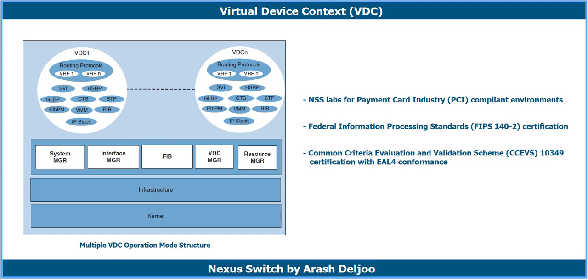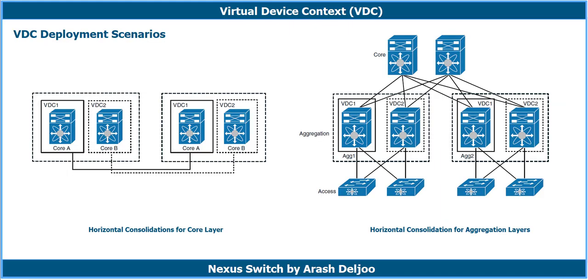It has NSS Labs for payment card industry or PCI compliant environments, Federal Information Processing Standard or FIPS 140-2 certification, and Common Criteria Evaluation and Validation Scheme, CCEVS, with the number 10349 certification with EAL4 conformance.